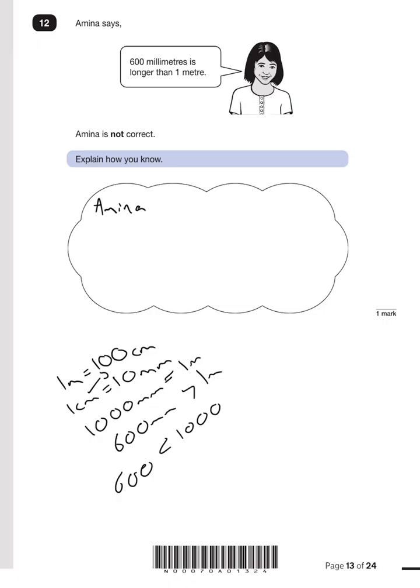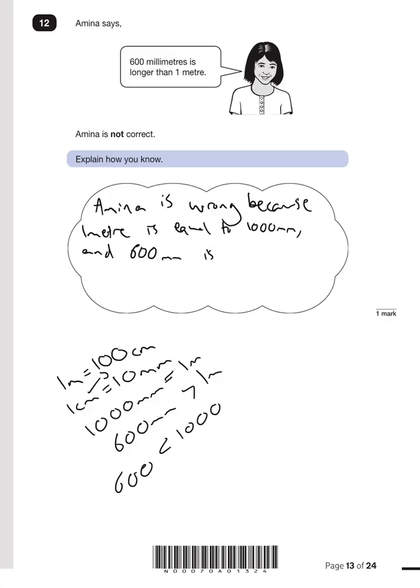Amina is wrong because 1 meter is equal to 1000 millimeters, and 600 millimeters is less than 1000 millimeters.